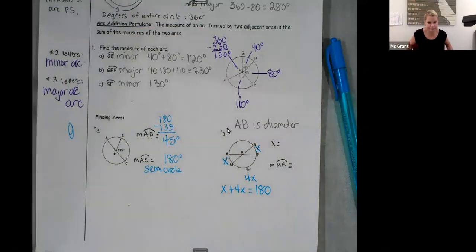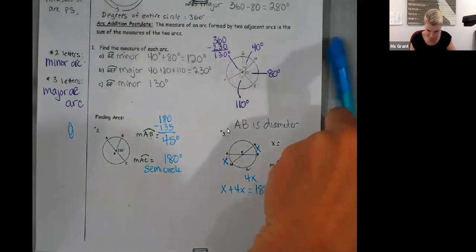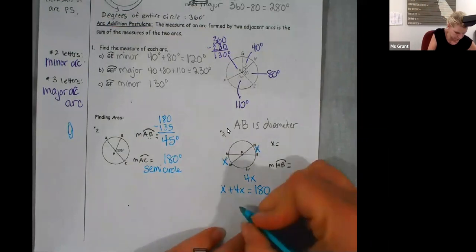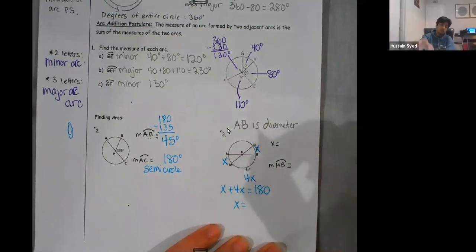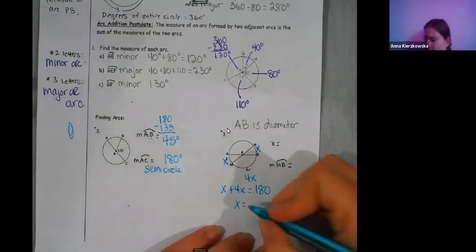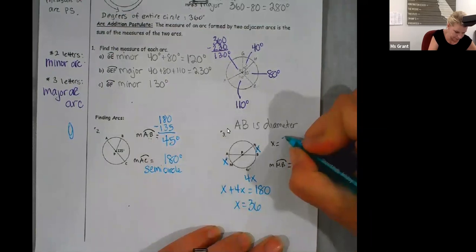What did somebody get for X when you solved? 36. Yeah. So that's going to go up here.